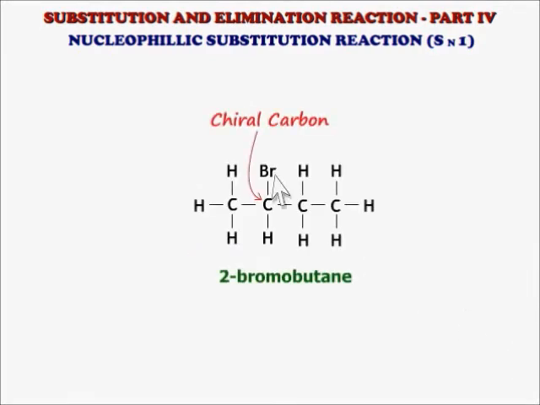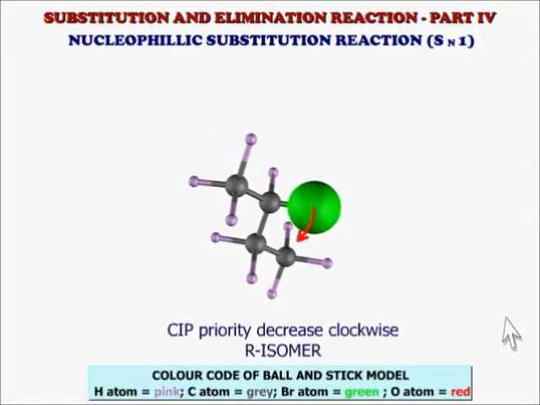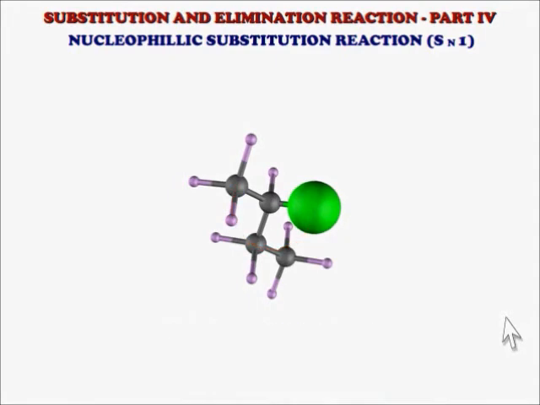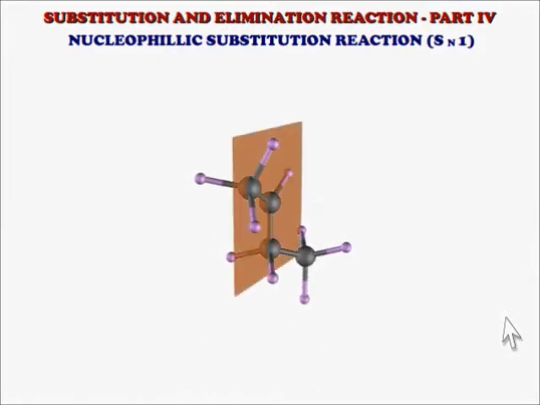If the leaving group is attached to a chiral carbon and the alkyl halide substrate is an R isomer as this one, the leaving group departs. The carbocation formed is planar.